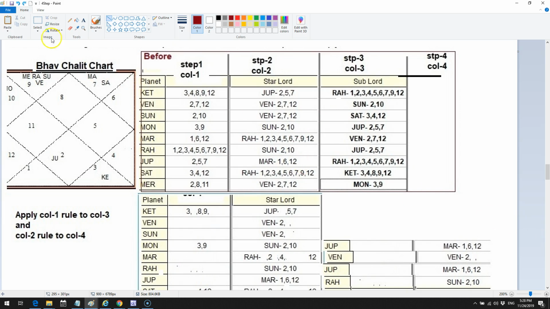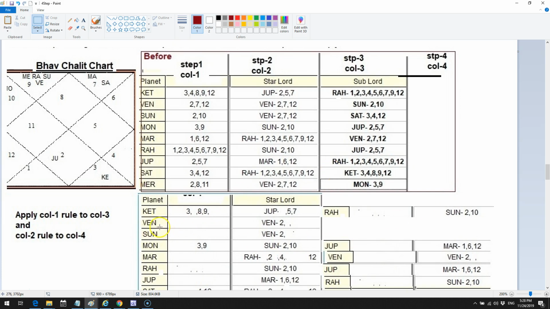So all you have to do is just copy this and paste it over here, right? So that becomes your column 3 or the step 3, and this becomes your step 4 or the column 4.